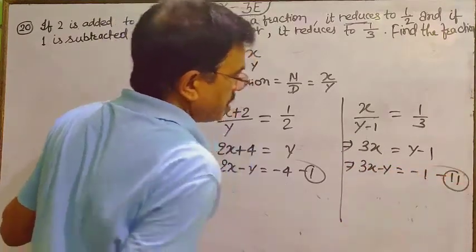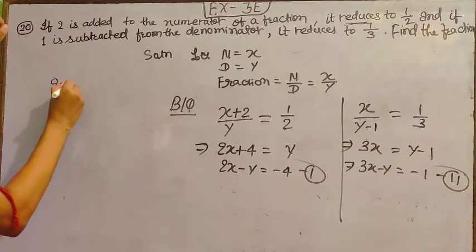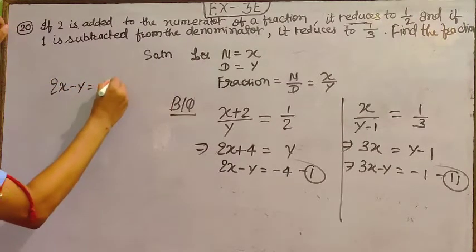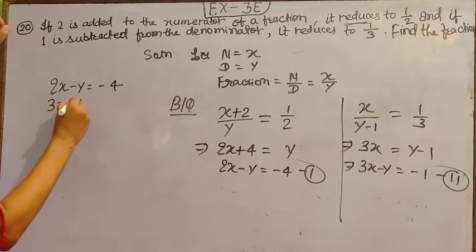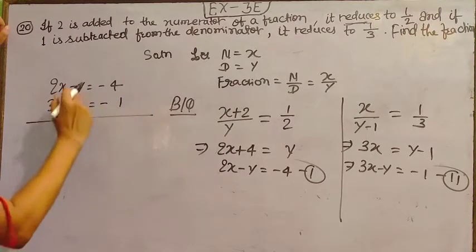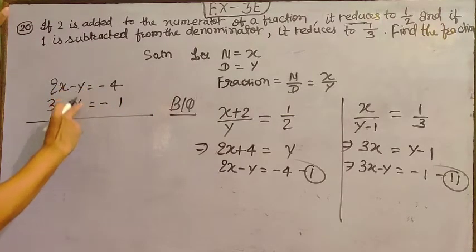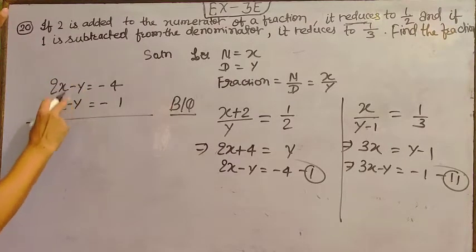It is the second equation. Now solve by the elimination method. It is 2x minus y is equal to minus 4, and 3x minus y is equal to minus 1. Both have the same sign of y, so we can eliminate y by subtracting.